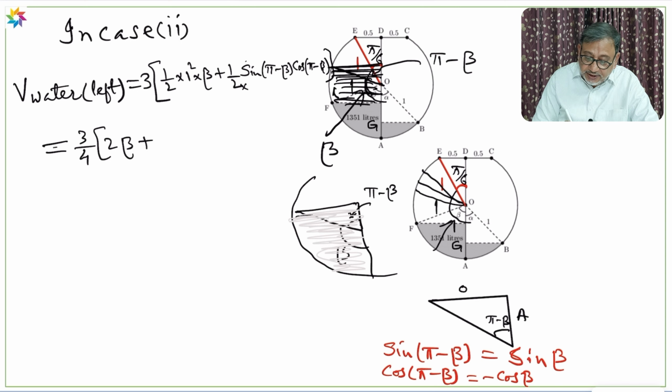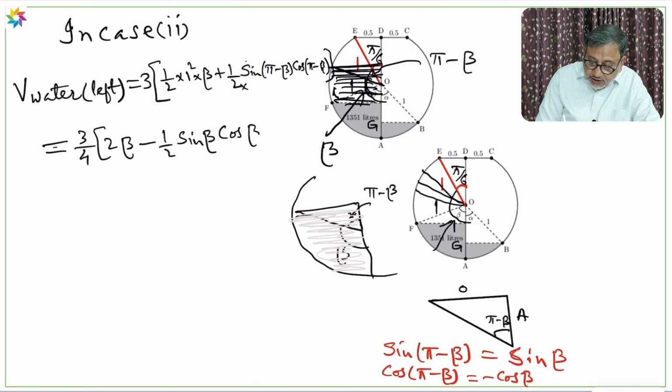So a minus sign will come here, so instead of plus I will have minus 1 by 2 sin beta cos beta. I hope you understood this part also.